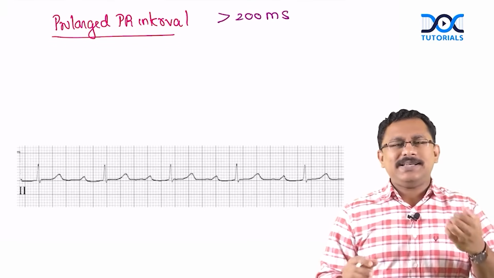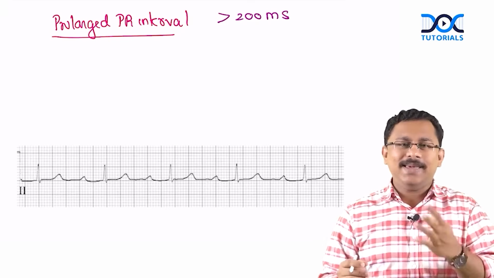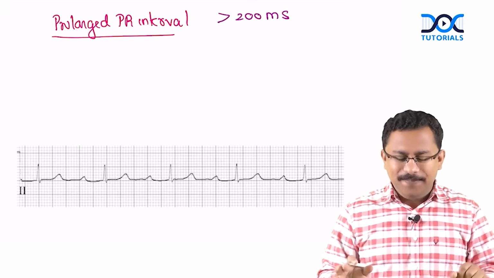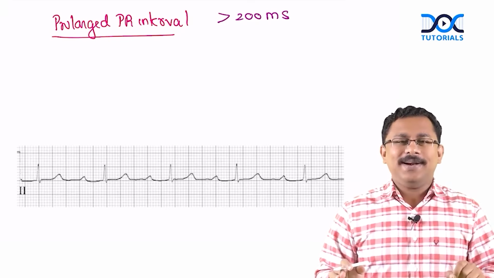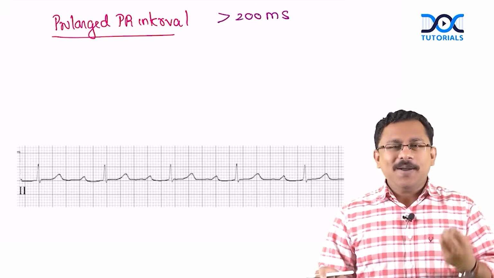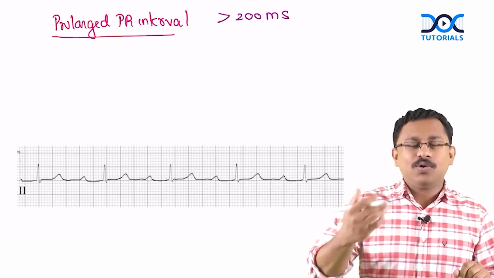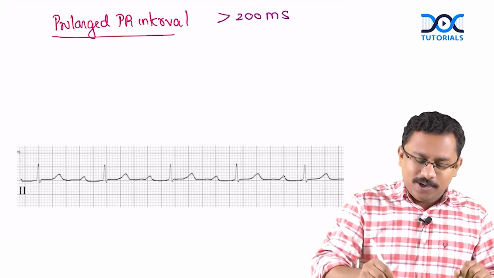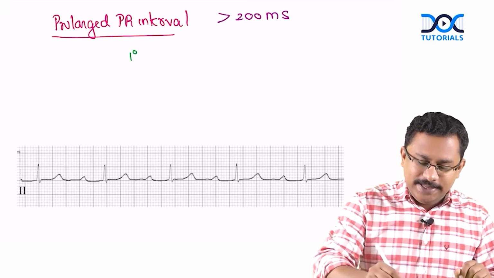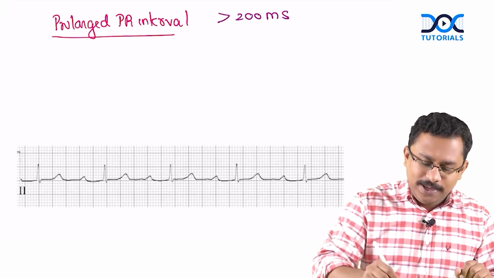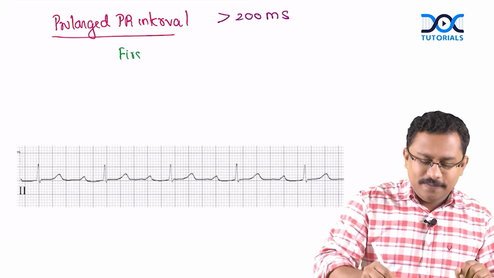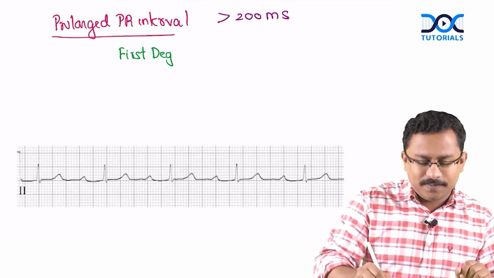In some definitions they use more than 220 milliseconds. A prolonged PR interval, well above 200 milliseconds, can occur in a first degree heart block.